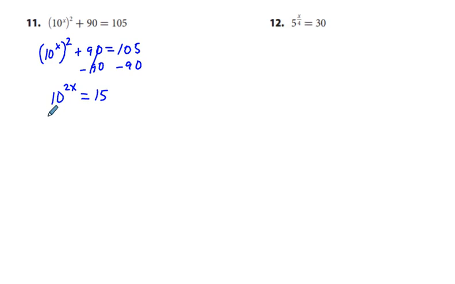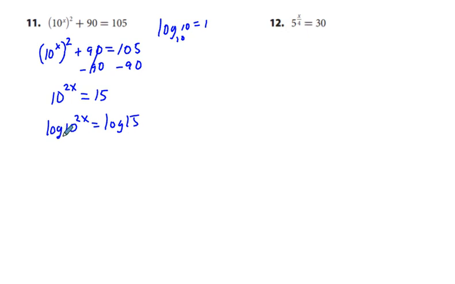So what we can do now is we have 10 to the power of 2x. How do we get rid of this power of 10? Well, log base 10 of 10 is equal to 1. So I'm going to take the log base 10 of 10 to the power of 2x, is equal to log base 10 of 15.